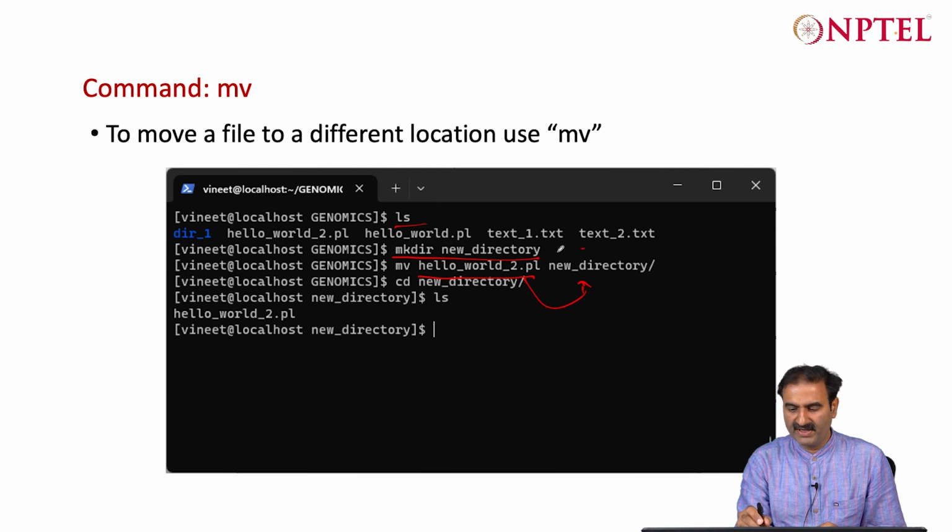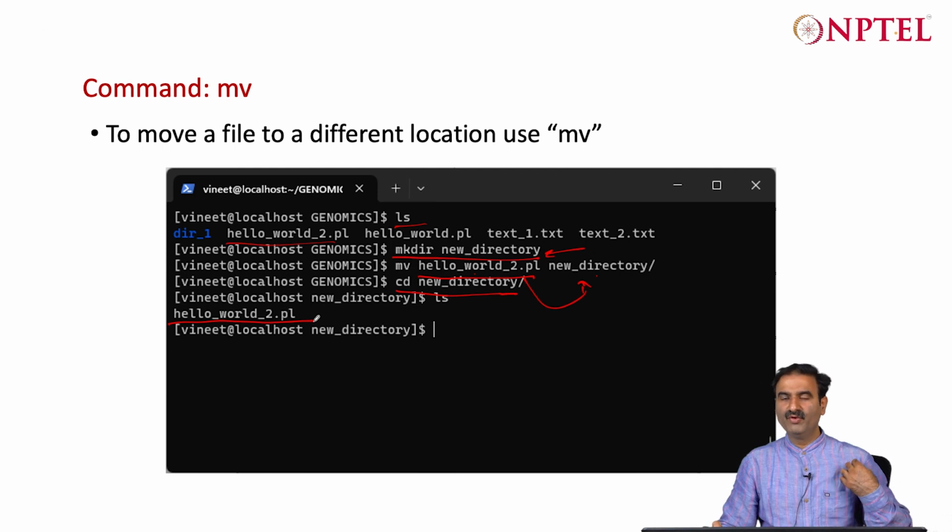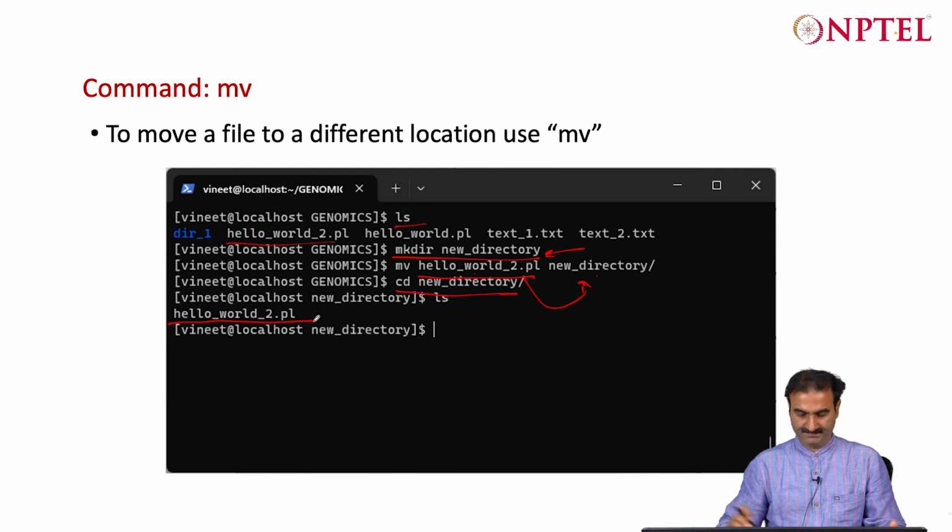So here you created a directory called new directory, and you want to move the program you just copied into this directory. You just say move this into this, and the program will be moved here and will stop existing in your current path. When you cd to new directory, you can see that the program has now moved from the previous location to the new location.